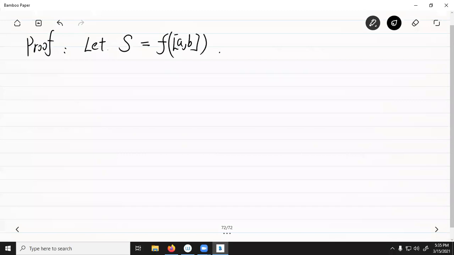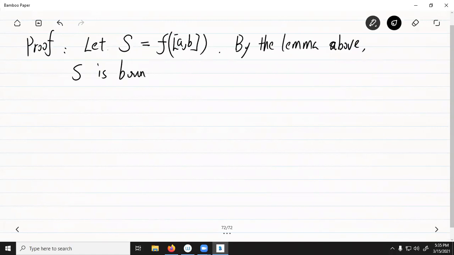So by the lemma we just proved, this S is bounded above, right? So the idea is, since it's bounded above, we want to show that this range must have the supremum.